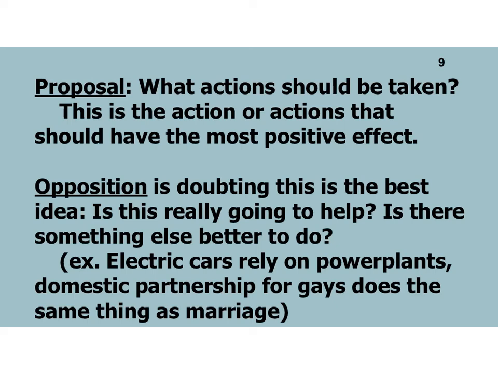The best way to get around this is to have wind generation, wind farms, because the electricity that goes into your electric cars is coming from a power plant. Don't start with changing your cars into battery operated cars. Start by changing where the electricity comes from. We should be doing windmills first. Then we'll worry about changing things over to electricity. You see how this is a competition between windmills versus electric cars. That's the type of opposition you see when you're dealing with the proposal section of your paper.